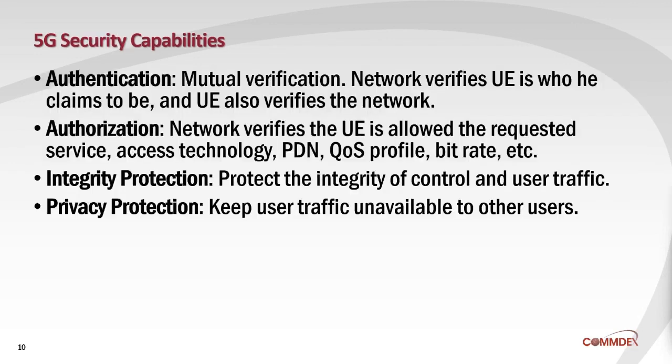5G security capabilities. The 3GPP body of standards has made improvement to security in 5G. Authentication in 5G goes both ways. This means that not only the network verifies who the UE claims to be, but the UE also verifies the network as well.